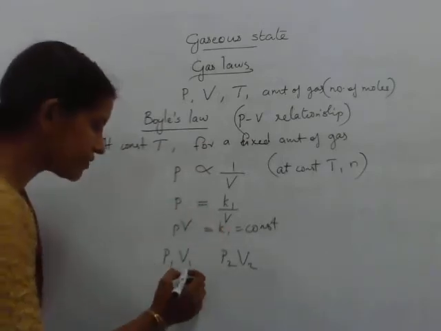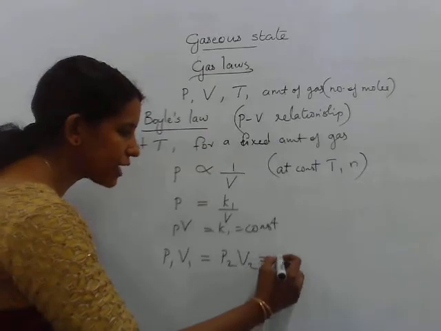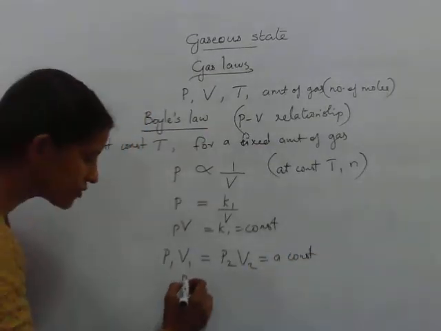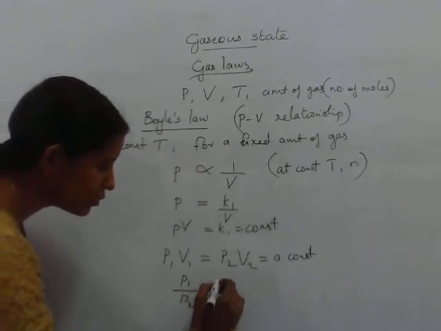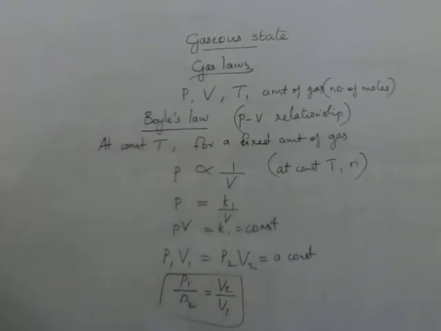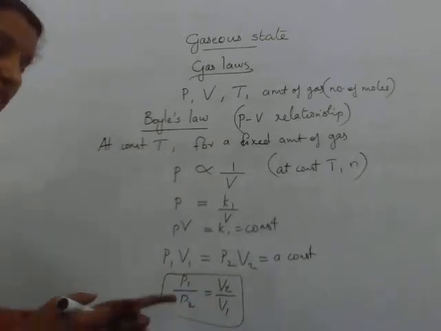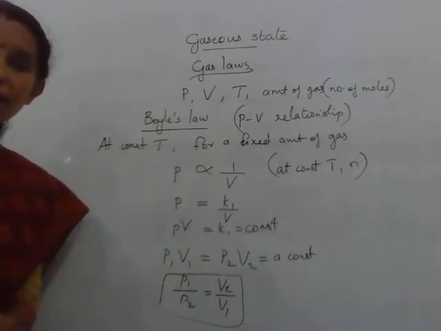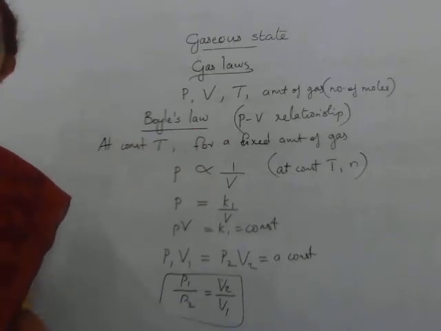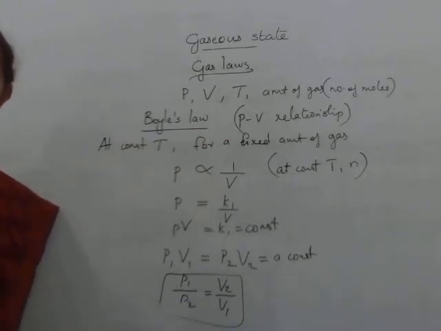So we can write P1V1 equals P2V2 equals a constant. On rearranging, we can write P1 by P2 is equal to V2 by V1. In this equation, if any 3 of the 4 parameters are given, the fourth one can be calculated. You can use this equation for solving problem-based questions.